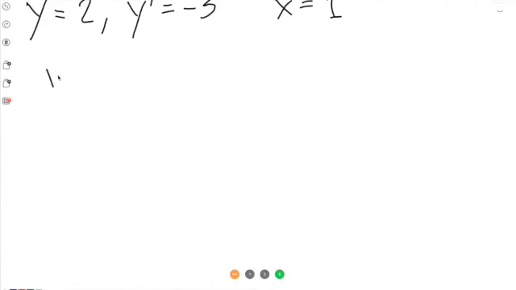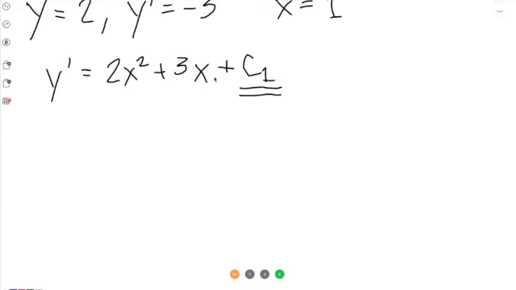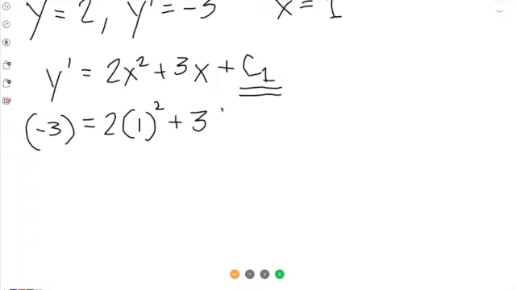Okay, so we have our very first equation, y prime is equal to 2x squared plus 3x plus c1. So here we can find the value for c1 by plugging in our values in the equation. So that's negative 3 equals 2 times 1 squared plus 3 times 1 plus c sub 1 or c1.